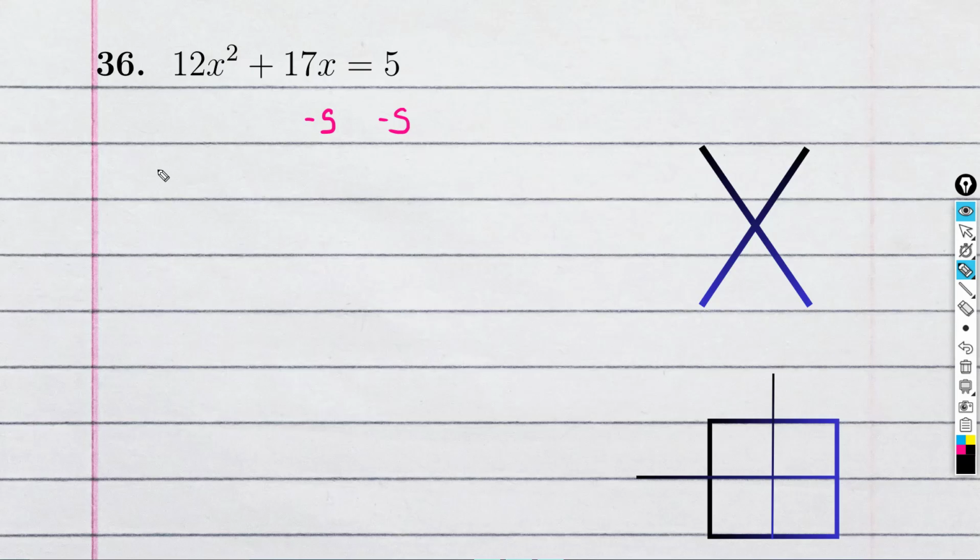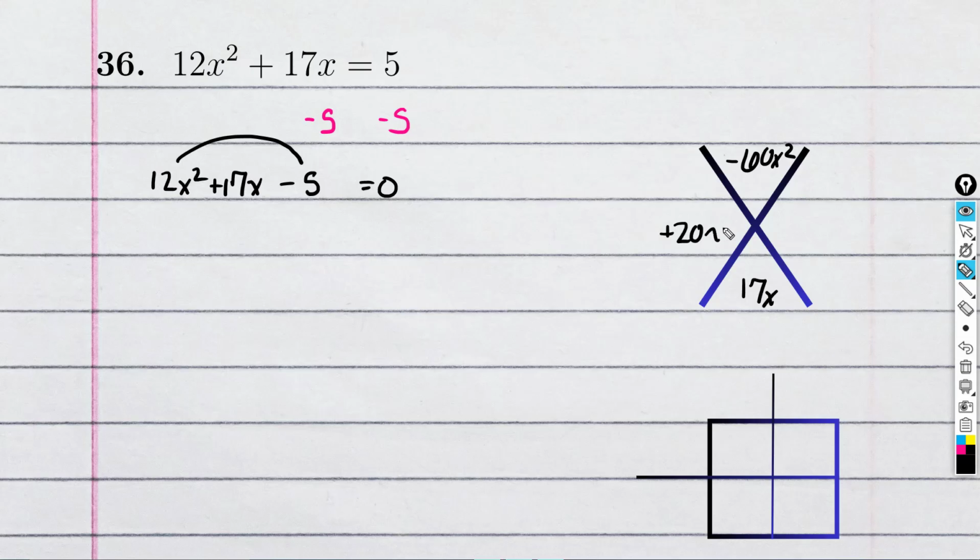And so we have 12x squared plus 17x minus 5 is equal to 0. So when we multiply 12 times 5, we come up with a -60x squared. And so I want to figure out something that has a difference of 17x.